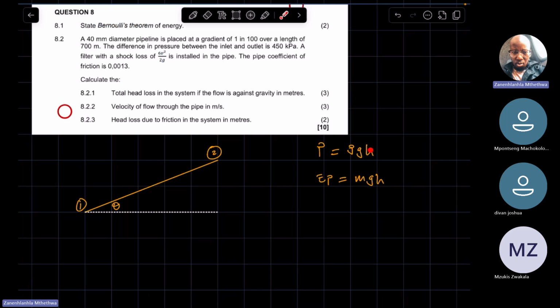All right. That is why the pressure here will always be considerably more than the pressure at the top, because of this h, the column of fluid. There is more column of fluid from here to the surface of the water than there is from this point to the surface of the water. So given that the difference in pressure between the inlet and outlet is 450, that suggests that the pressure here must be bigger than the pressure at exit.